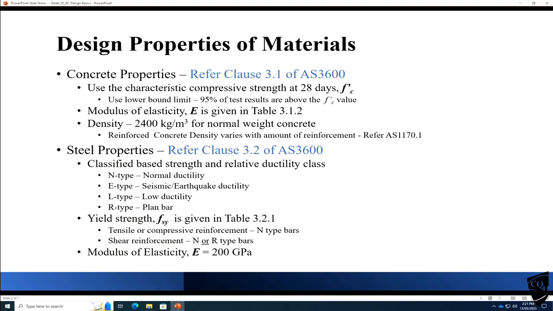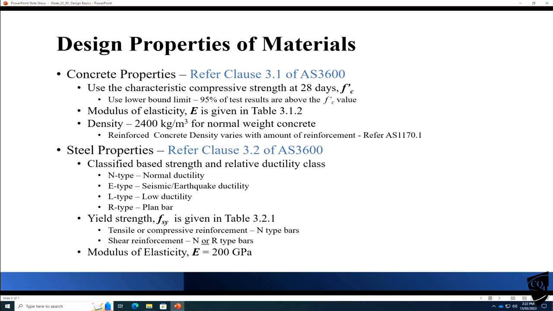But if you come across any old concrete structures built in the 90s or earlier, you might see the reinforcement bars noted as Y type. So Y type bars have a yield strength of 400 MPa.